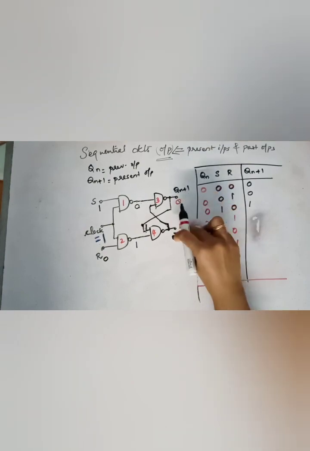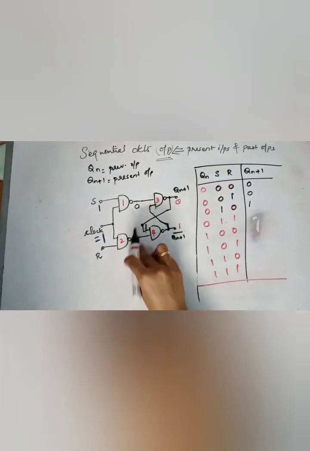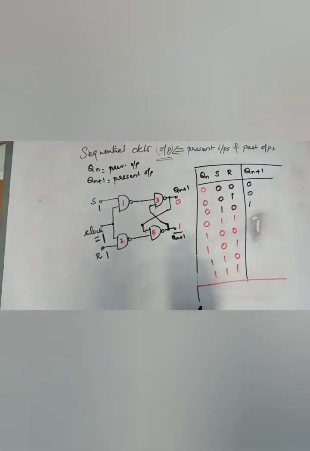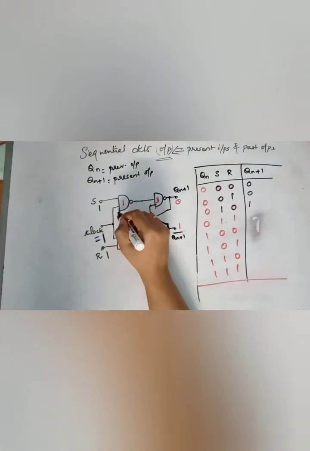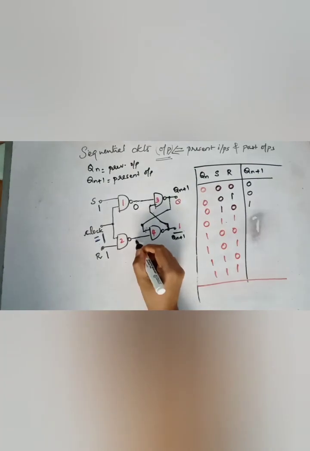Next case is, again the output is 0. Inputs are both 1. Now here the problem is, inputs are both 1, and the clock is also 1. So 1, 1, this is 0, 1, 1, this is 0. So now what happens?